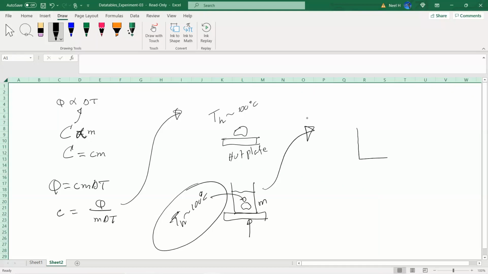We take a smaller cup. We can make a calorimeter ourselves. If you have a foam cup, a smaller one and a larger one, we can build a calorimeter. Nothing else is needed. What we're trying to do is get rid of any sort of conduction, convection, and radiation from the system.